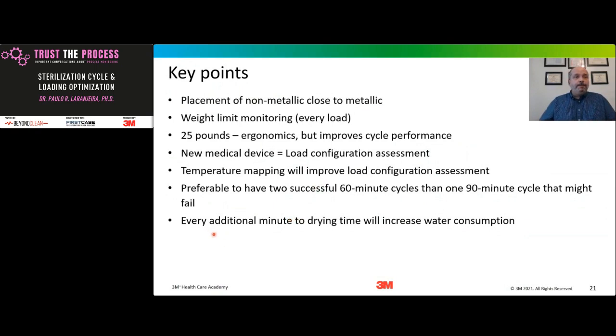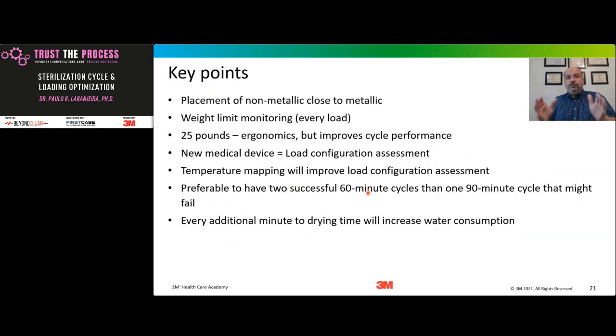And then this is something that I learned. I would rather have 2 successful 60-minute cycles than one 90-minute cycle that might fail. I prefer to take a 90-minute cycle and divide it in 2 60 minutes. It might be, oh, we are going to use 120 rather than 90. Yeah, I know.